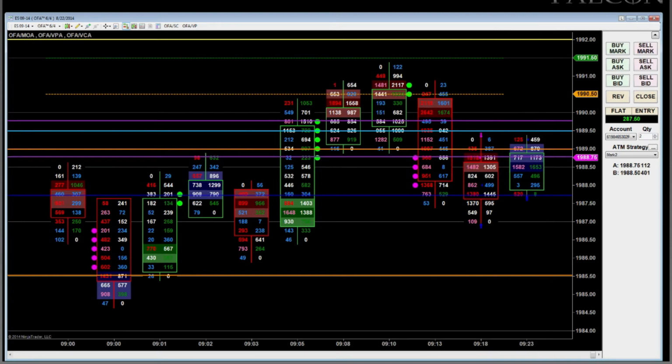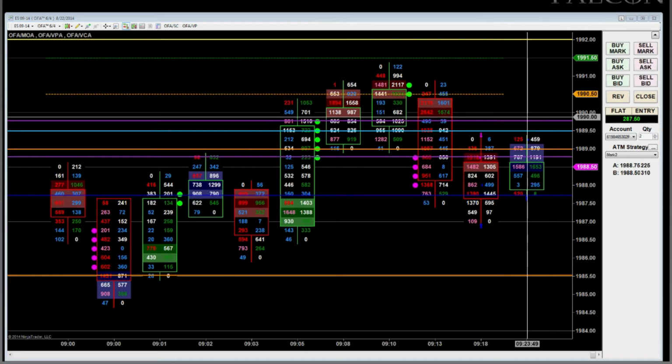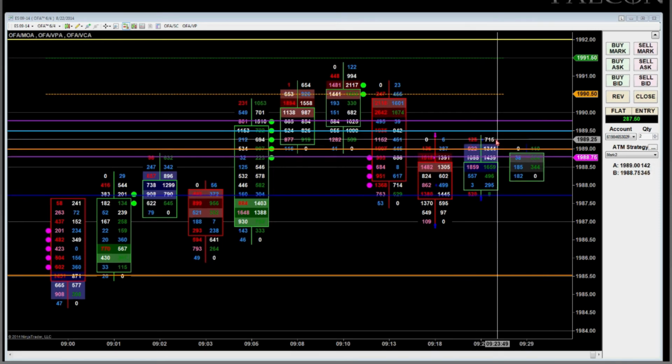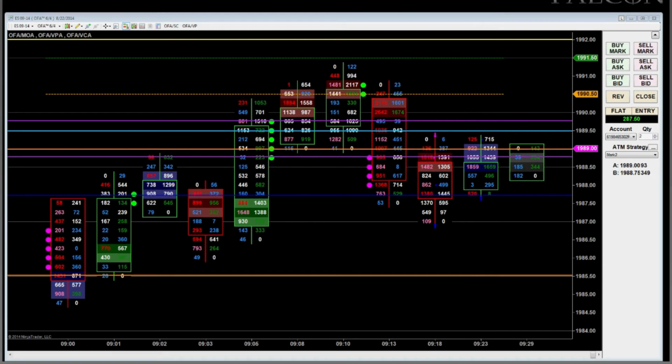I don't think this is done ticking higher. I don't think that this is done up at 89.25. This auction up here just doesn't look quite finished to me, so we may start to see some stops going off and price continuing to move higher here now.